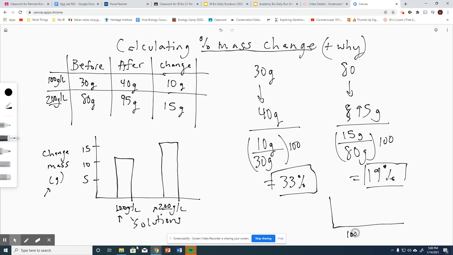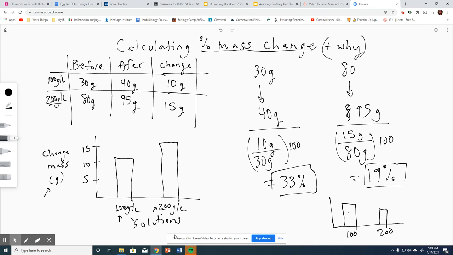So here's the 100-gram solution, here's the 200, and we would have a bar here that is slightly higher than this bar, which makes sense because this is how much mass was gained by the egg through osmosis due to water, okay? So this kind of paints a more accurate picture, all right?